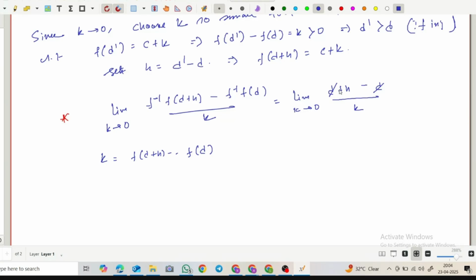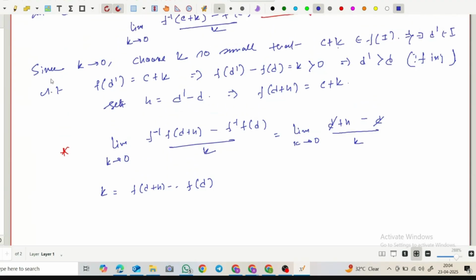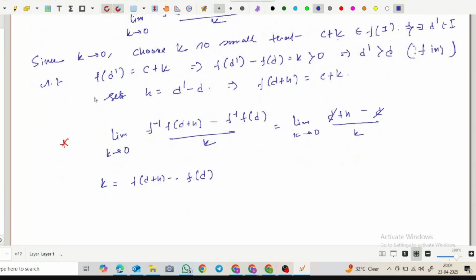My goal is, wait, I want to do it on c, right? That was c equals f(d). So I want to get 1 by f prime.